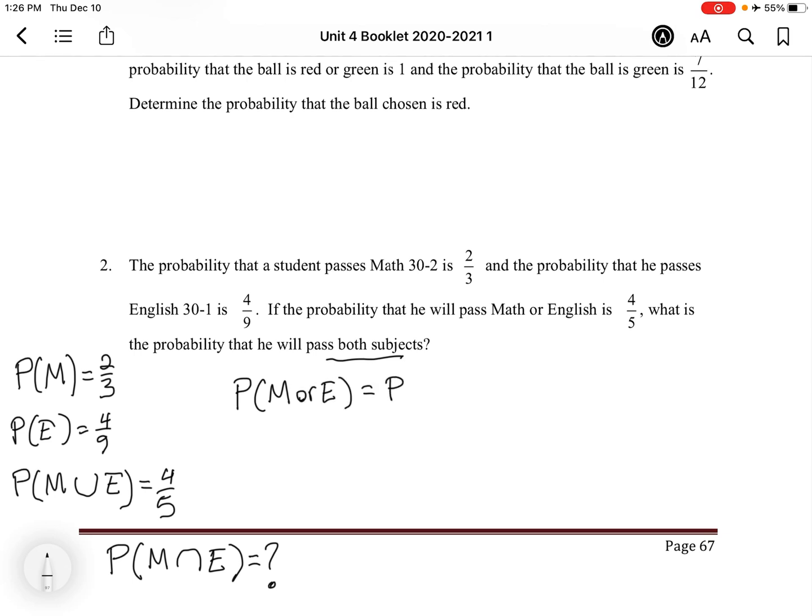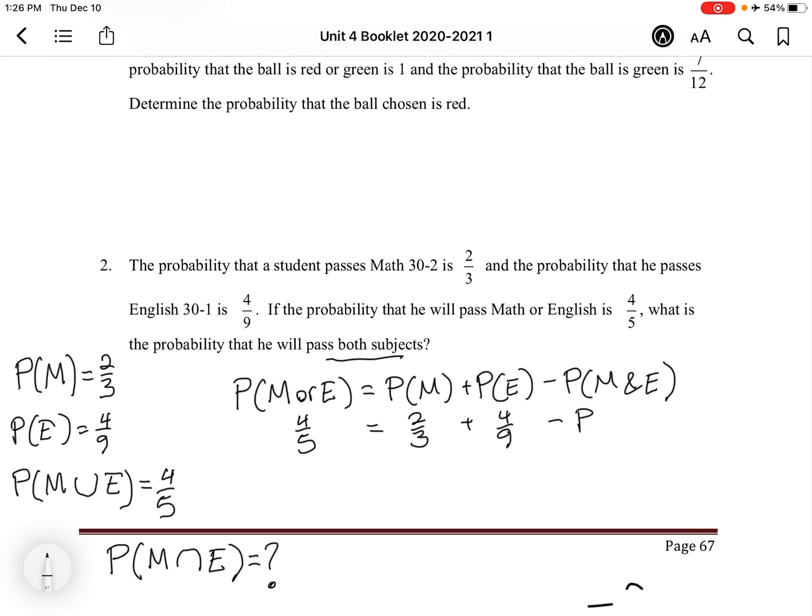The probability of math or English is equal to the probability of math plus the probability of English minus the probability of math and English. Okay, so now I'll fill in what I know. Probability of math or English is 4/5, equals probability of math is 2/3 plus 4/9 minus the probability of math and English.